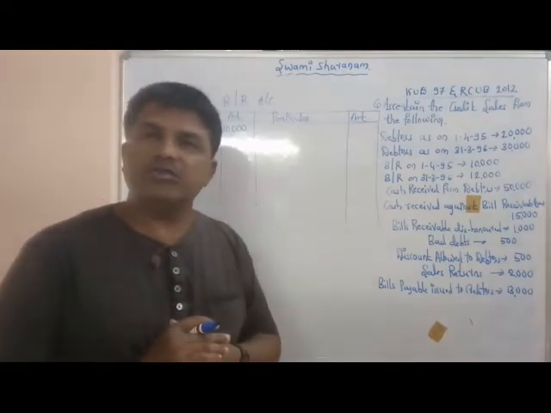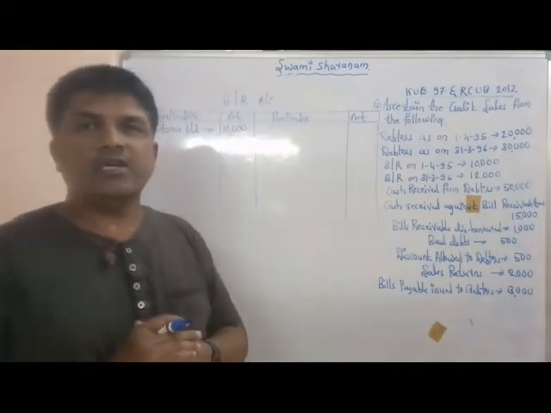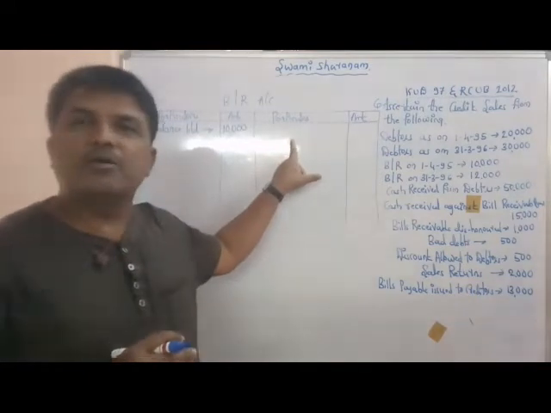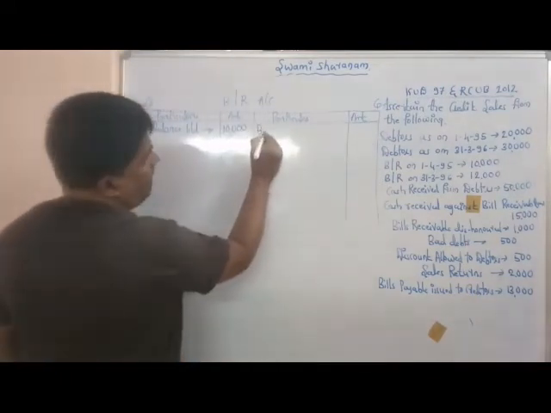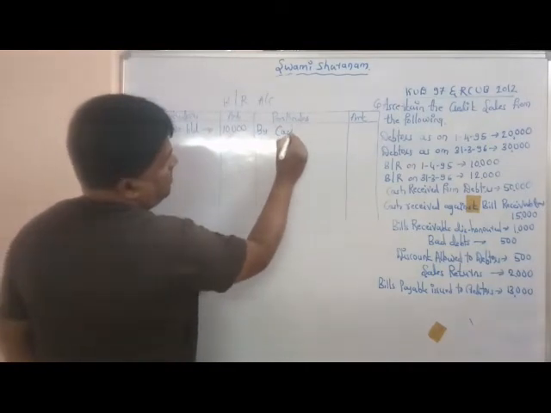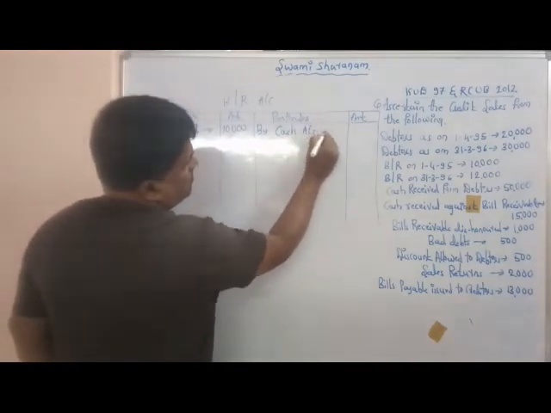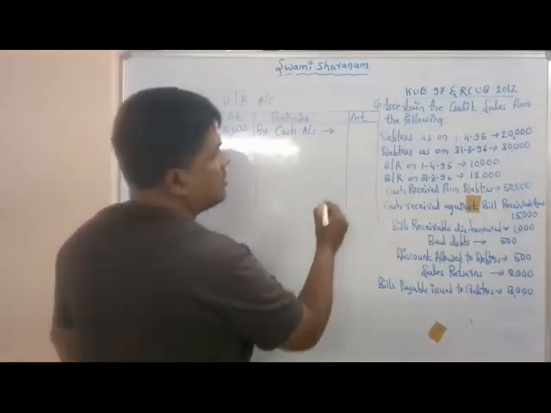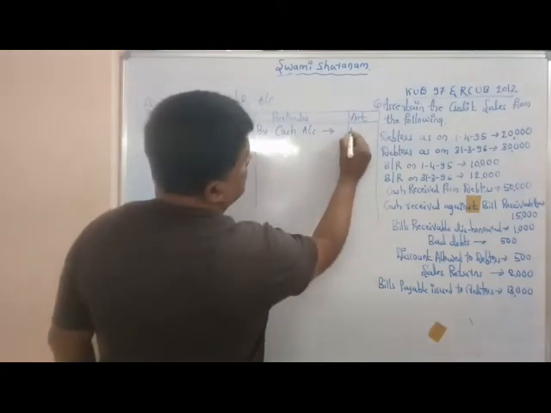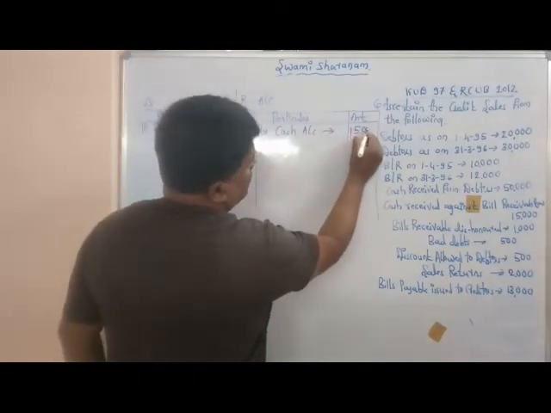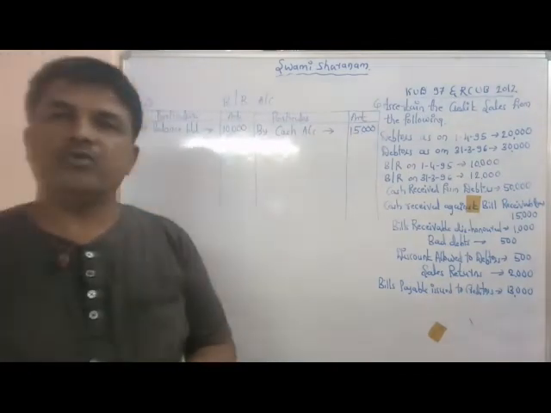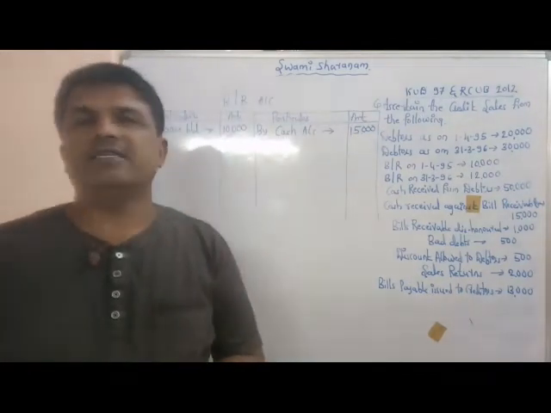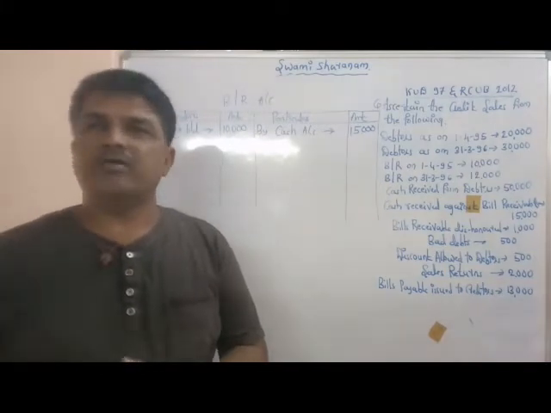So the cash received against bills receivable is recorded in the credit side of the bills receivable account. By cash account, 15,000. Because when the cash is received against bills receivable, the journal entry will be passed: cash account debit to bills receivable account credit.